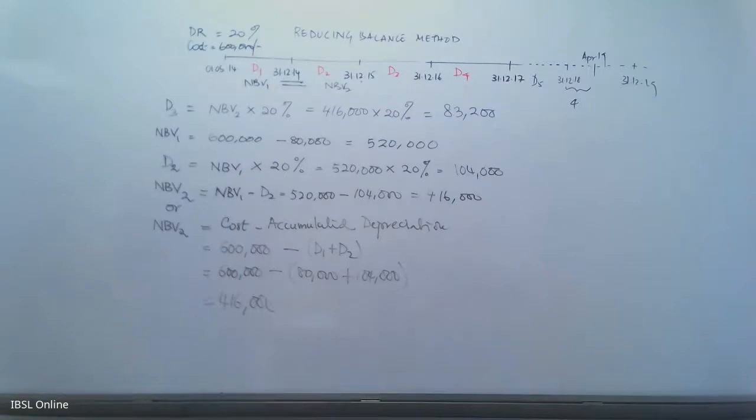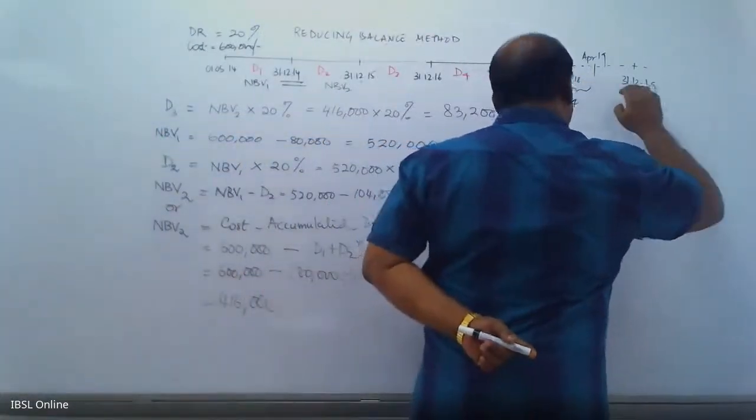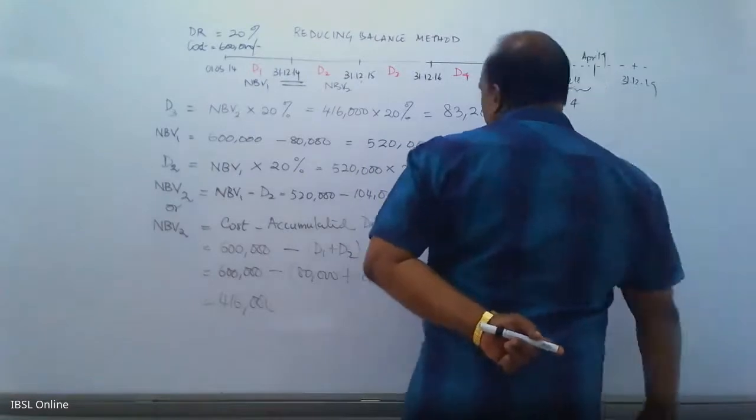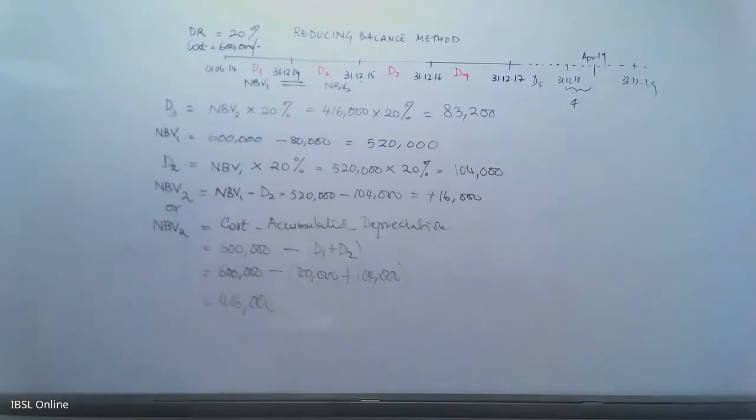So as a result, what will happen? The method is more suitable for those kind of assets where the actual lifespan is more than the expected lifespan. And the second thing, if you look at it, the depreciation amount that you are charging is not constant.